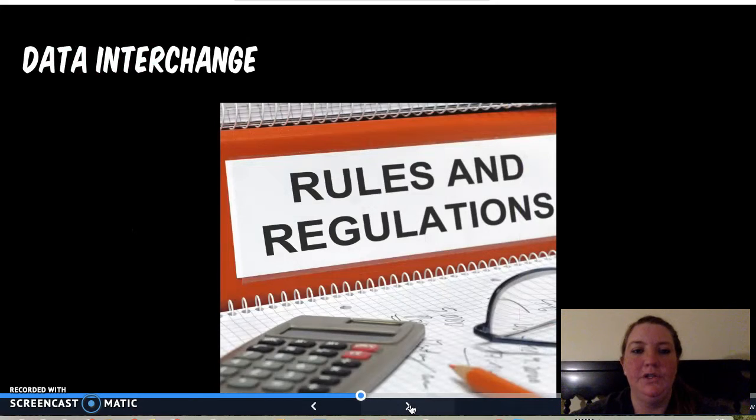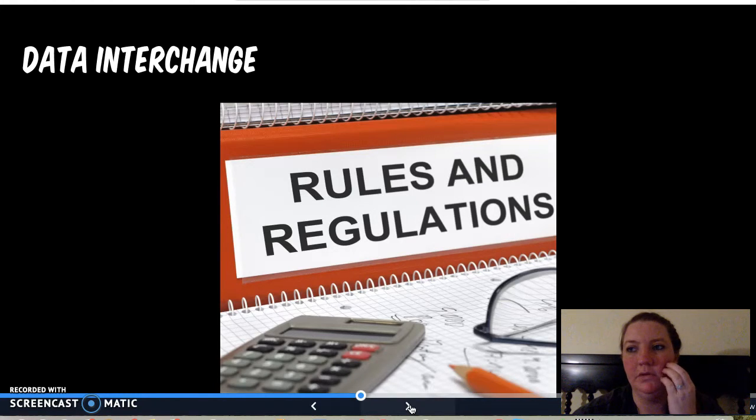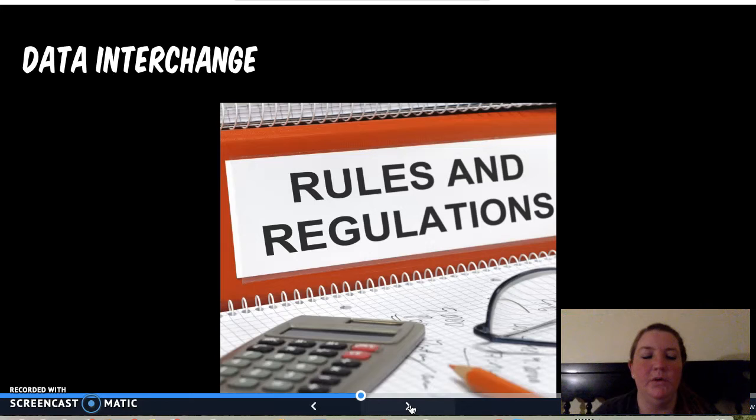So the data interchange. This is essentially the rules and regulations. Any exchange of data is highly regulated, federally, nationally, locally. This is basically HIPAA.